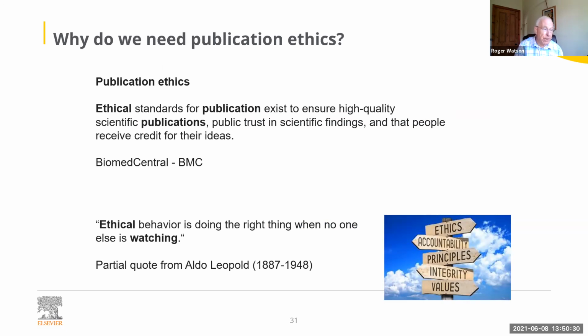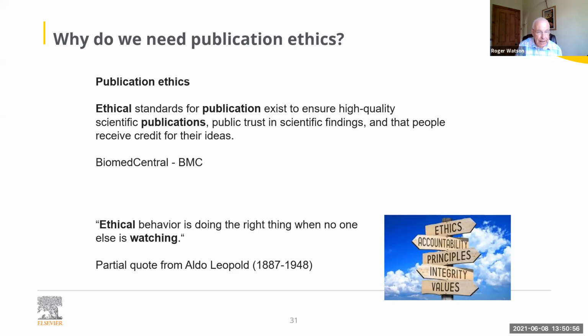It's also about making sure that people understand that there's an ethical framework, but it's also about making sure that the right people get credit for their ideas. I will come back to that point at the end. And I really like this quote here, an adapted quote from somebody called Aldo Leopold: ethical behavior is doing the right thing when no one else is watching.